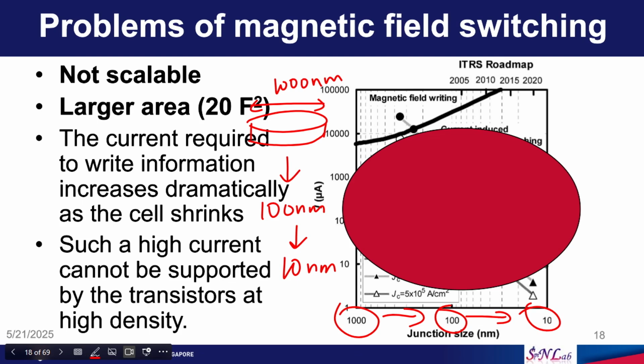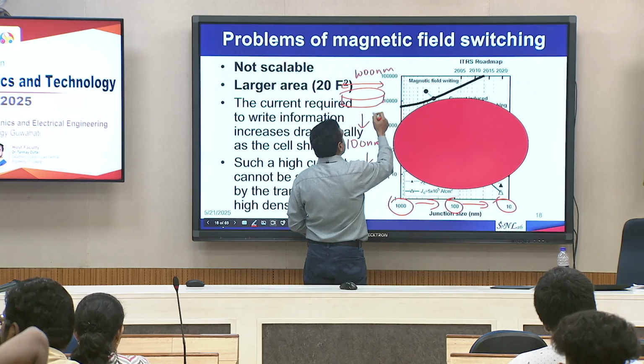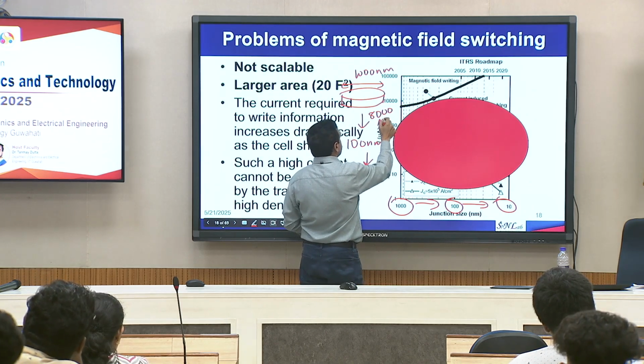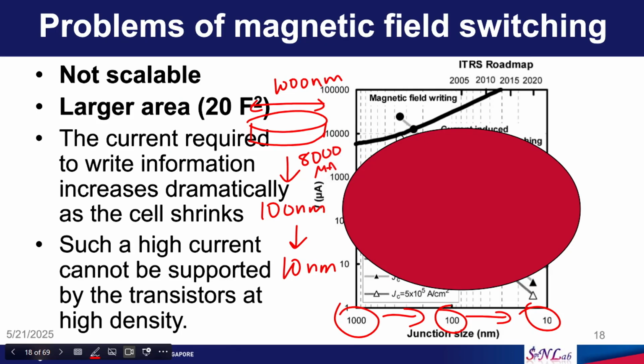If you look at the current, we need to write information. At 1000 nanometer, around 8000 microampere is needed, but if you make the bits smaller, you need more current, say 12,000. If you make the bits even smaller, you need even more current.